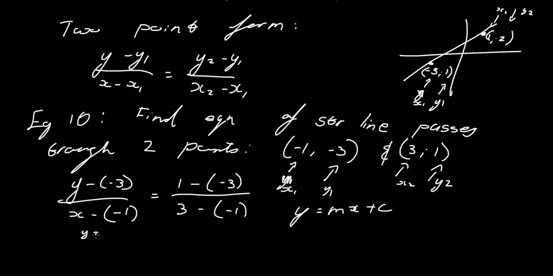Y plus 3 over x plus 1 is equal to 1 minus minus 3 is 1 plus 3 is 4 over 3 minus minus 1 is 4. So we've got y plus 3 over x plus 1 is equal to 1.